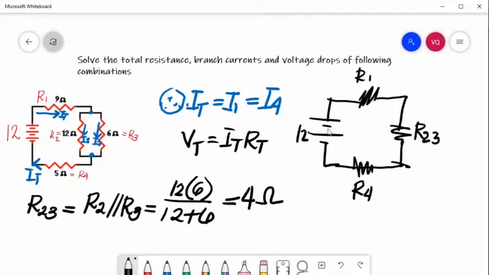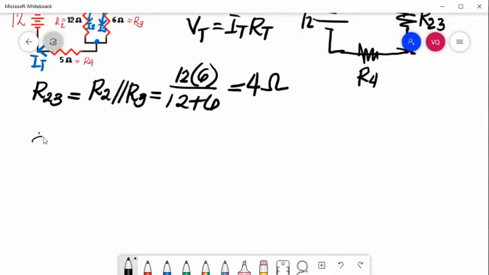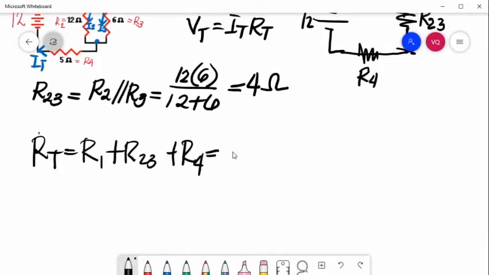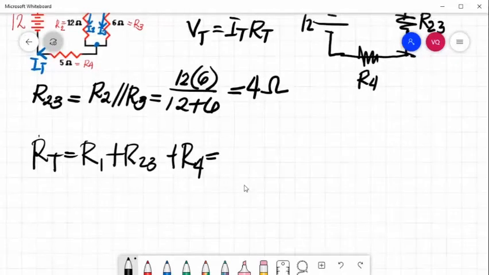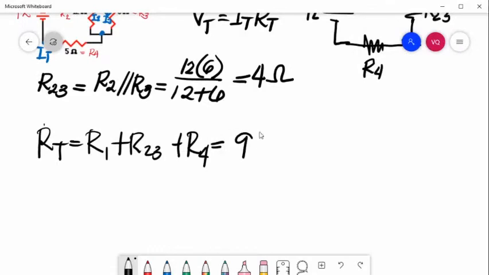So total resistance now is the sum of R1, R23, and R4. So total resistance is equal to R1 plus R23 plus R4. So R1 is 9 plus 4 plus 5. So that is equal to 18 ohms.